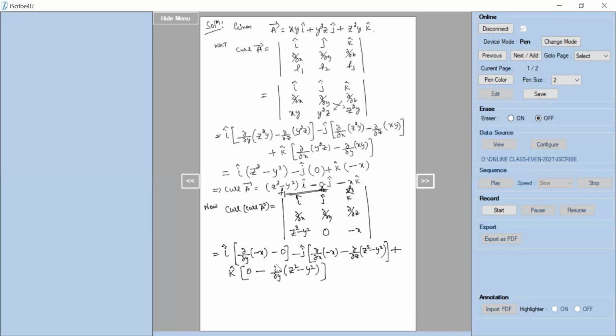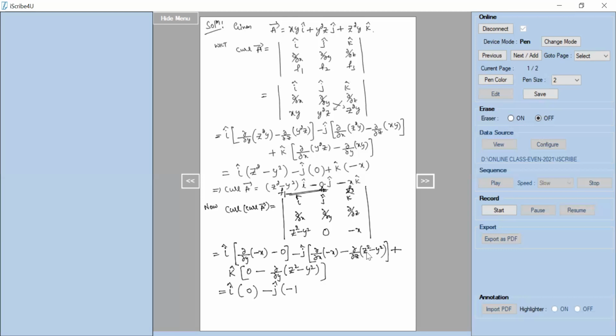So this is equal to i cap into dou by dou x of this, which is nothing, differentiation of x with respect to y is 0, minus j cap into, with respect to x, differentiation of x is 1, so it is minus 1 here.